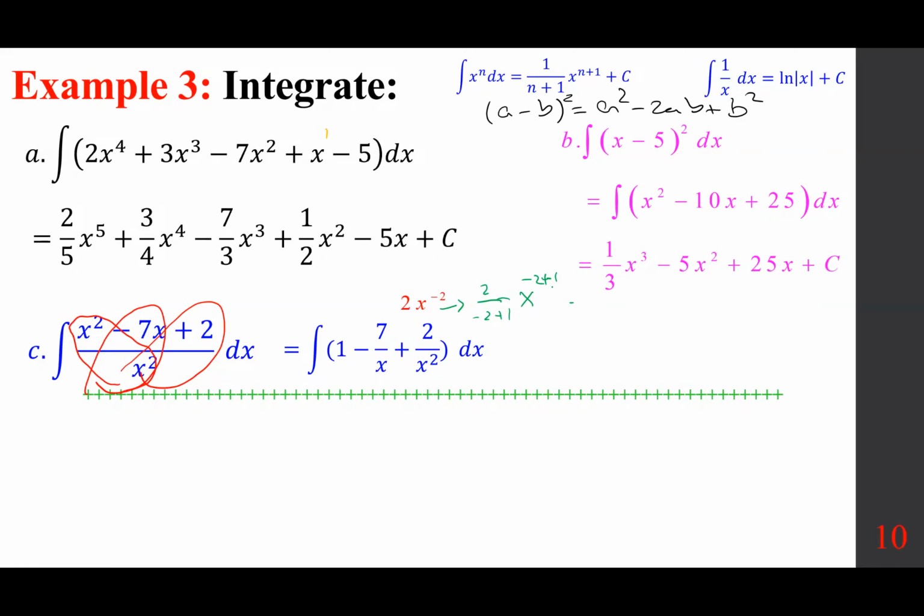The reason it's negative 2 is because 2 divided by negative 1 is minus 2. And that will change to minus 2 over x. So 1 gives you x, minus 7 over x gives you minus 7 ln of absolute value of x, and 2 over x squared gives you minus 2 over x, and a constant.